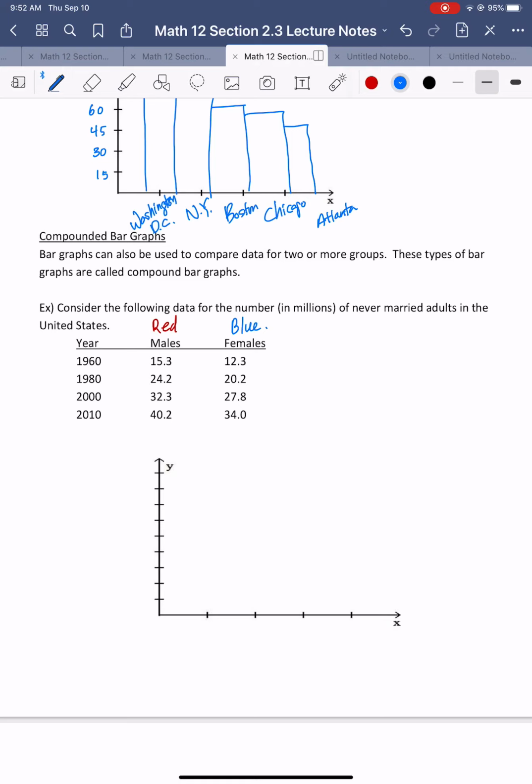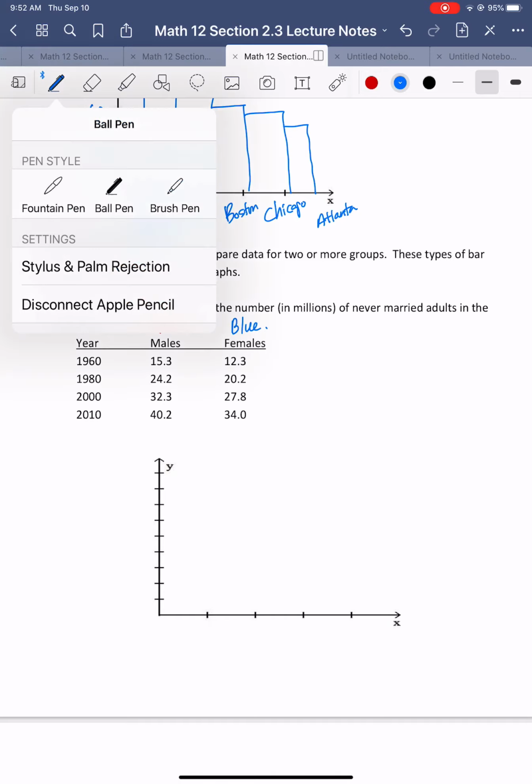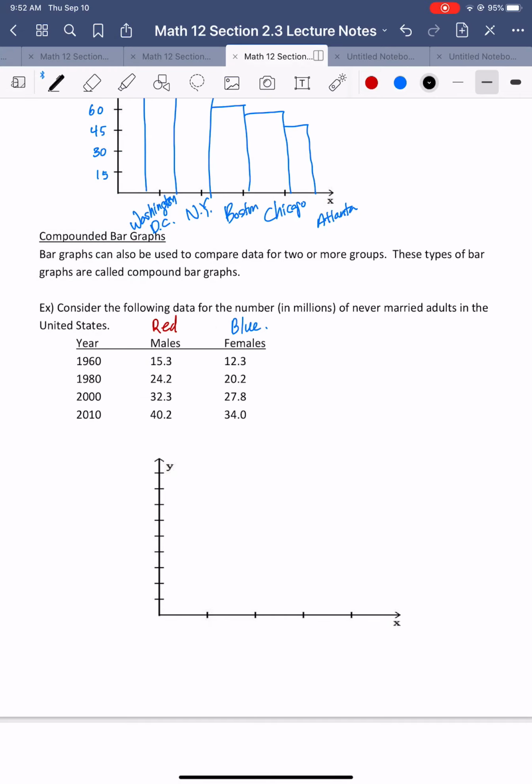So that makes a difference in the bars, right? Okay, so let me label the marks, okay? So let me label 1960, 1980, 2000, and 2010. And then on the other side, the highest number is 40, right?